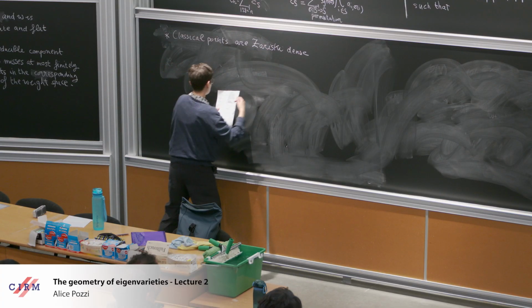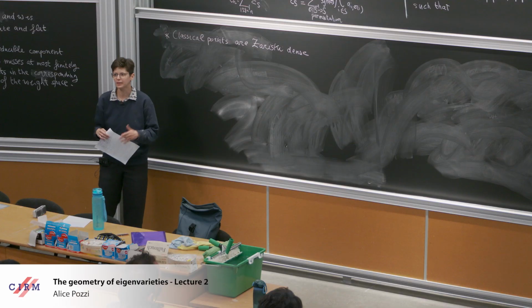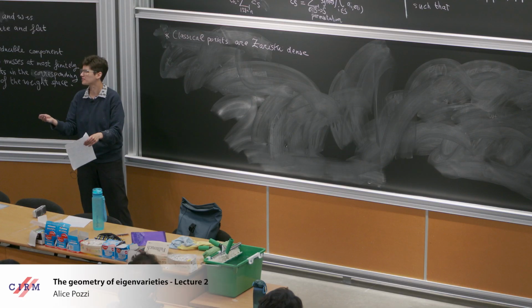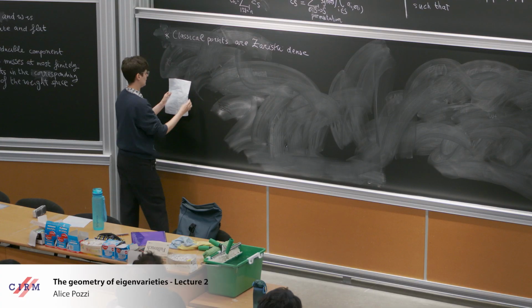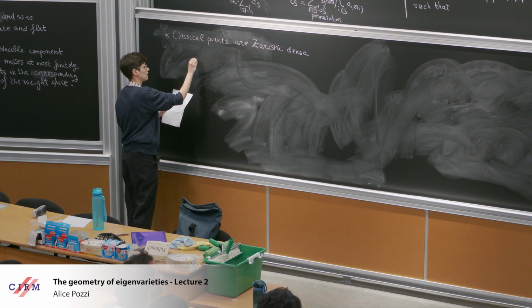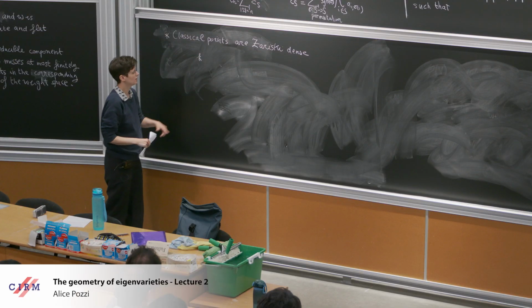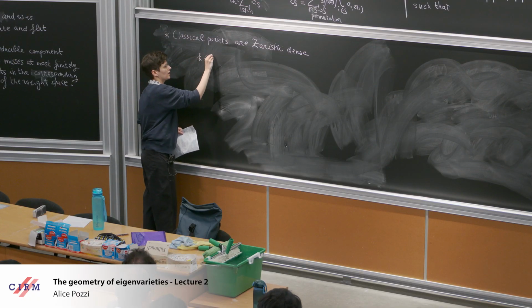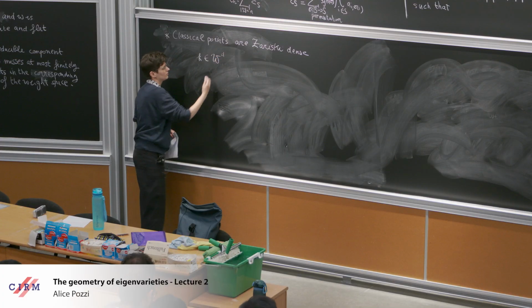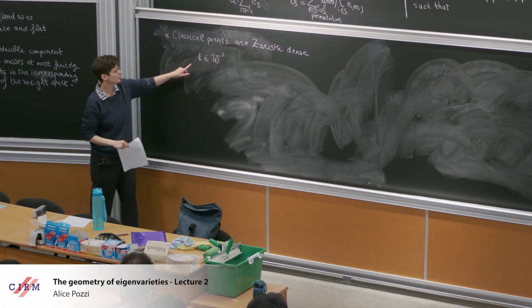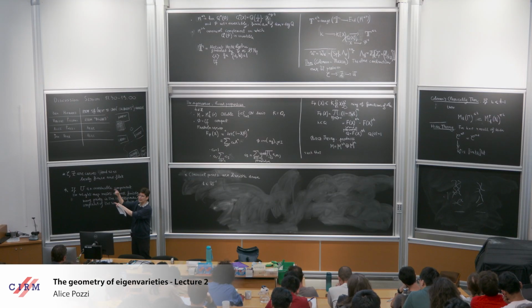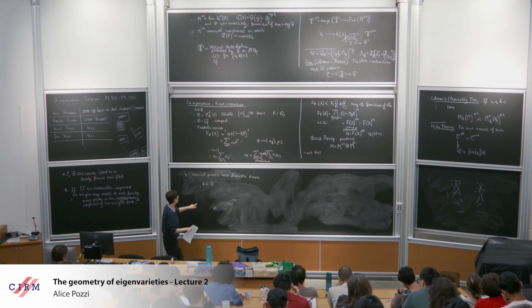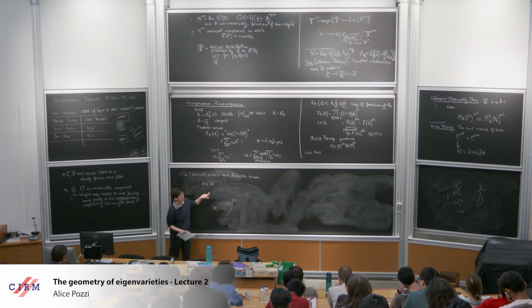The idea for this is actually pretty simple, but this might be one of the things that we discuss in the discussion session, if you want to get into more detail. Simply, if I take k, the classical weight, I want to look at every irreducible component and check that my classical points are very Zariski dense inside it.